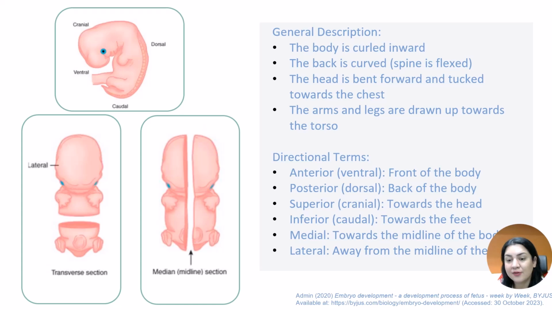Now, how this differs in terms of a developing fetus is that, while the terminology is quite similar, especially when talking about directional terms, what's important to realize is that the fetus takes a different kind of anatomical position as it's developing, right?